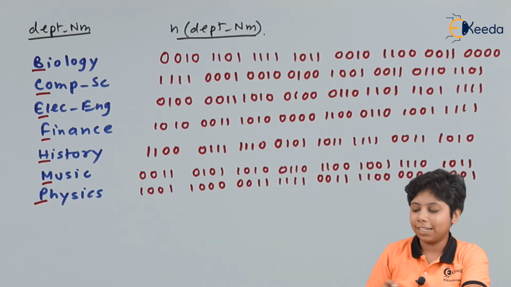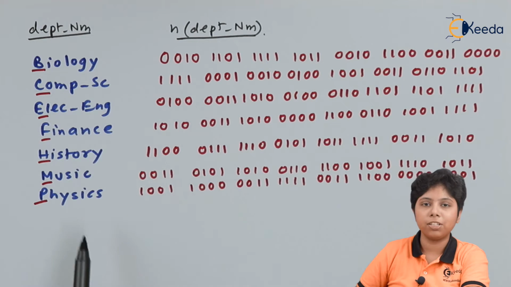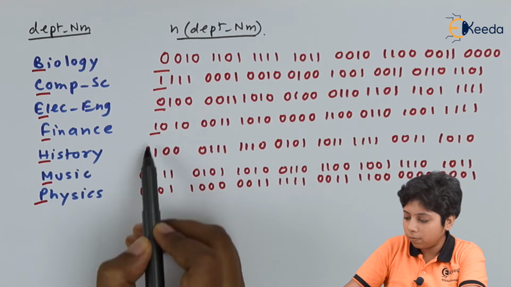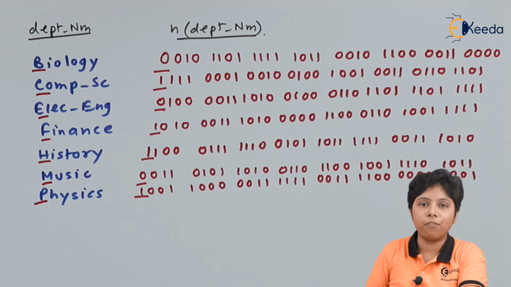So here we can see the 32-bit hash values associated with each of the department names. Now we will consider the first bit of each department to calculate our values.